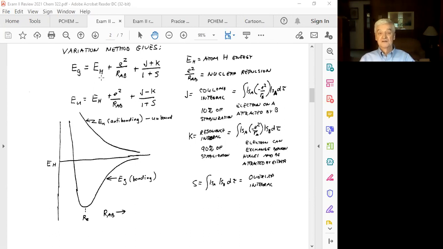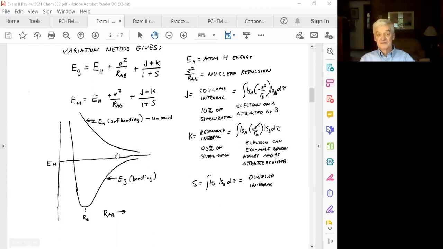E sub h comes out to be the energy of the hydrogen atomic orbital, and it's a nice reference point. So if we can take an electron from a hydrogen atom, put it into the H2 plus or H2 molecule, and if we can take it to lower energy, then we have a more stable system.